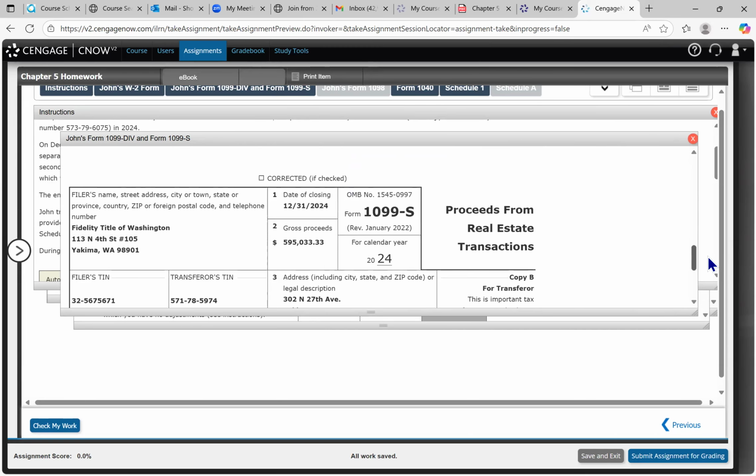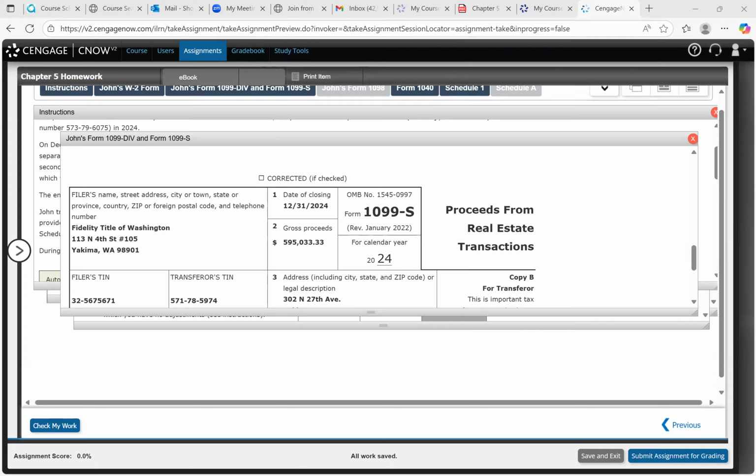So you see here, he sold the home on December 31st, 2014, and he sold it for $595,033. So just so I do not give any bad advice here as I'm fumbling, let me go to the Schedule D here and show you where we'll put this information. For the sale of home, those are short-term transactions.